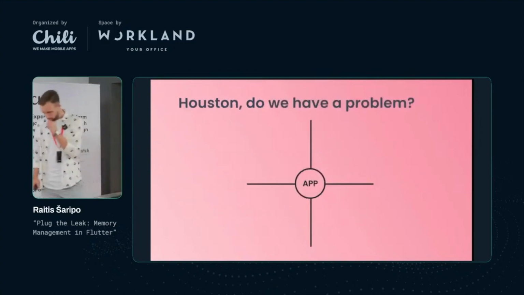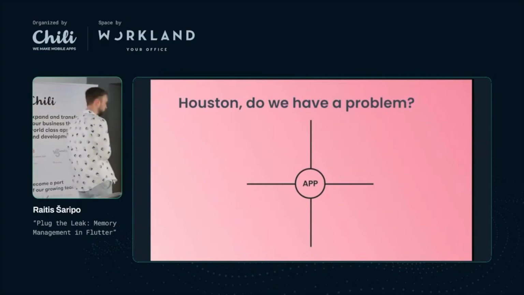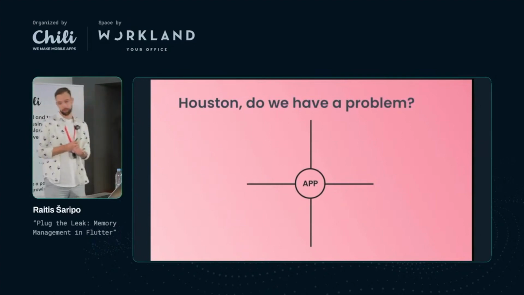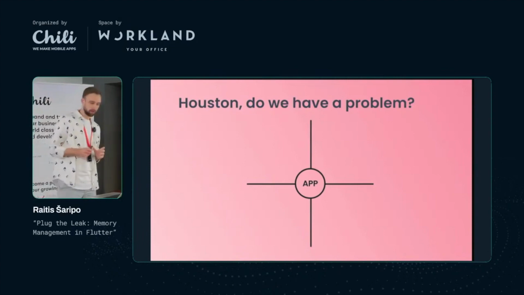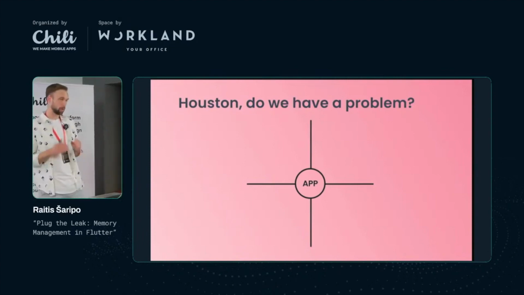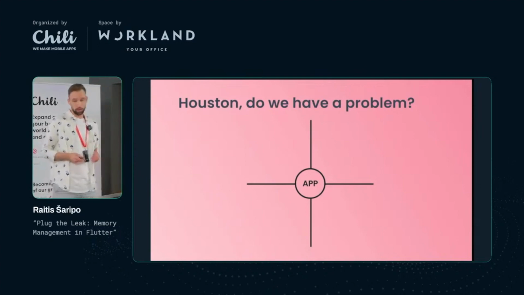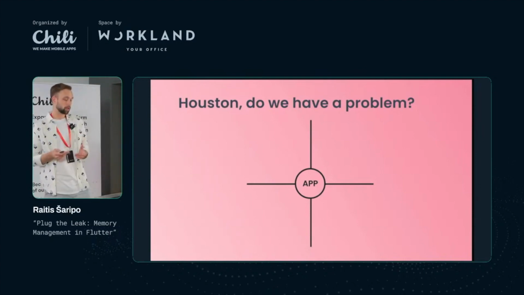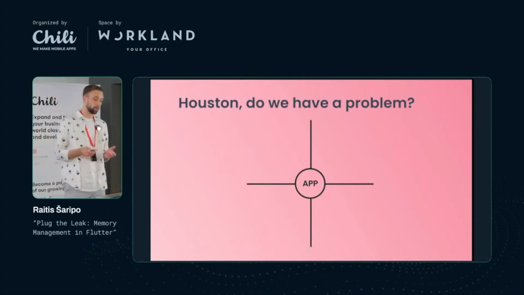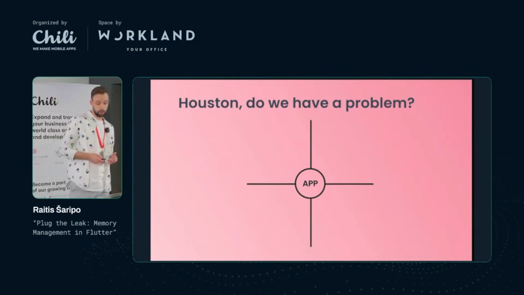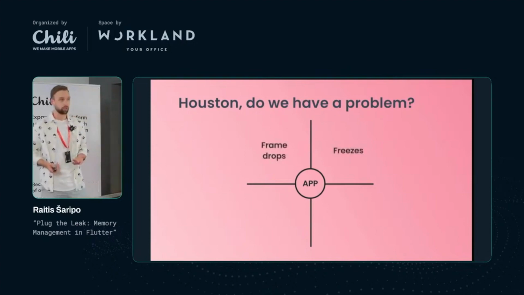So, can I ask you, please raise your hand if at any point, whenever you are using an app or developing an app or just testing an app, you have ever experienced performance deterioration of the app by experiencing frame drops or app freezes? Can you raise your hand if you have?